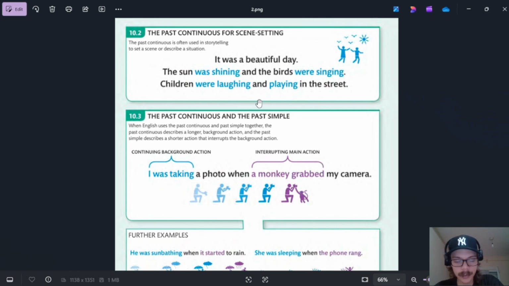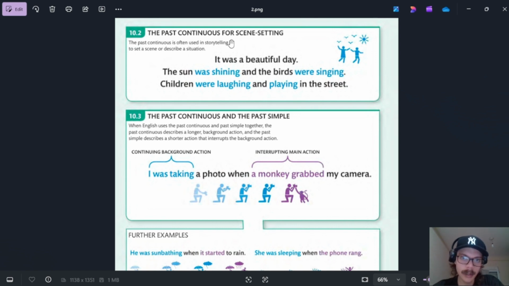Now, the second situation is you're talking about two different groups of children that are doing two different things, two different actions. So, one group of children were laughing and another group of children were playing. In that case, perfectly acceptable to separate them because although you're using children in both cases as the subject, they're doing different things. And you're describing two different groups of children.